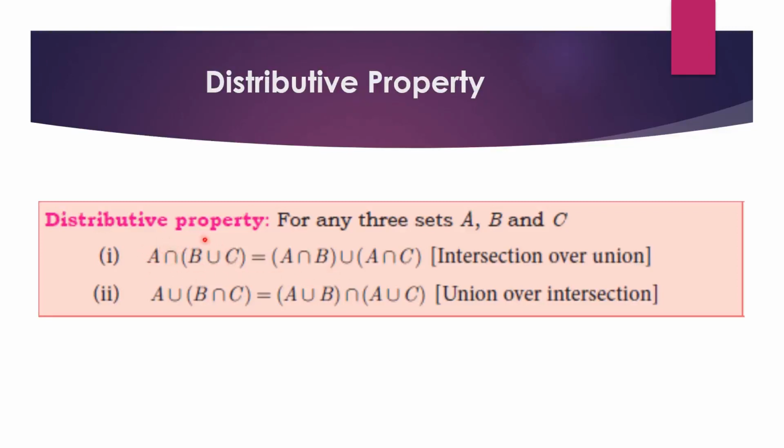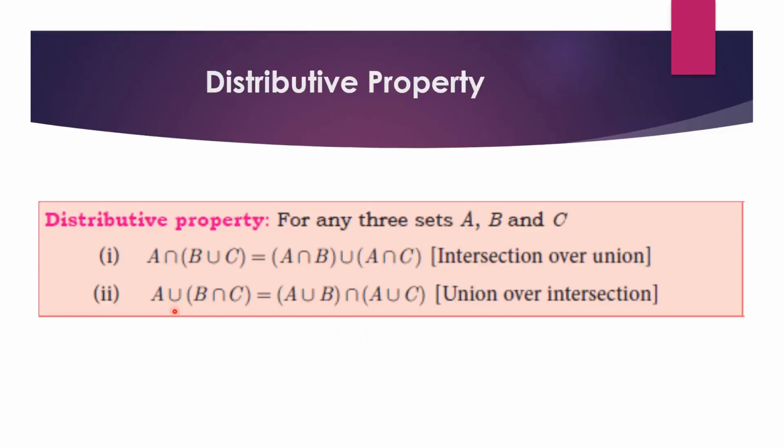That is just like a multiplication. That is A intersection with B at first, then write this union and A intersection with C. Here first one is intersection sign, second one is union. So this is called intersection over union. Similarly for the next one, union over intersection.